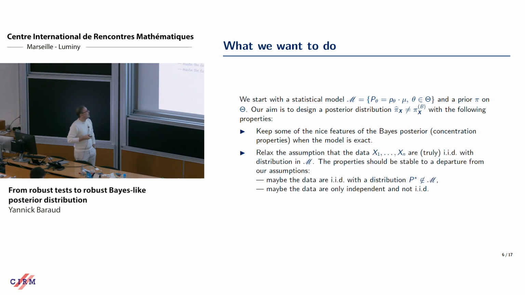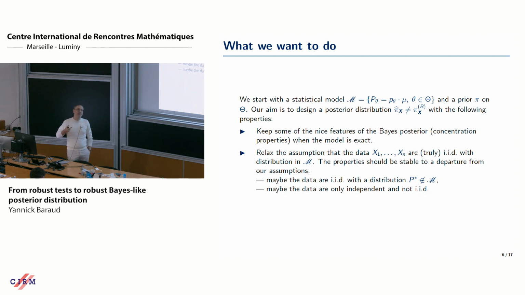But I also would like the concentration properties of this new posterior to remain stable if there is a small departure from the assumptions I've made at the beginning. In particular, I don't want to assume that my data are truly i.i.d. Maybe they're just independent.